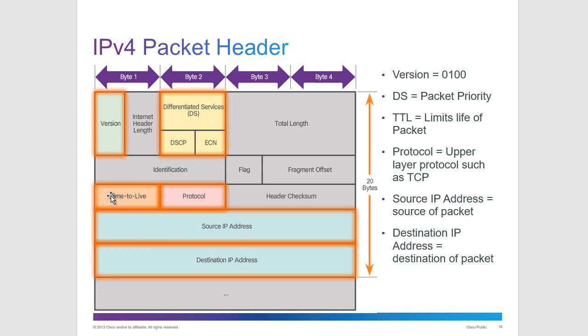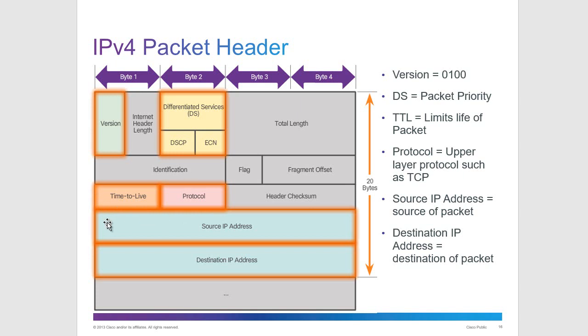Time to live, you definitely need to know. That's how much time your packet's going to live before it just gets dropped, so it doesn't cause extra network congestion. The time to live is also referred to as a hop count. How many routers can your packet hit before it is just dropped?